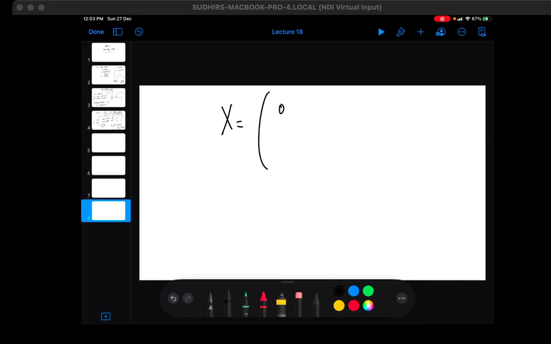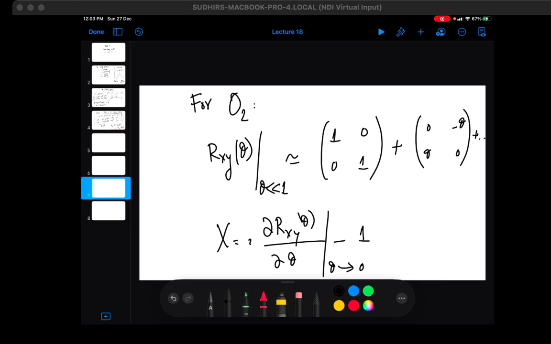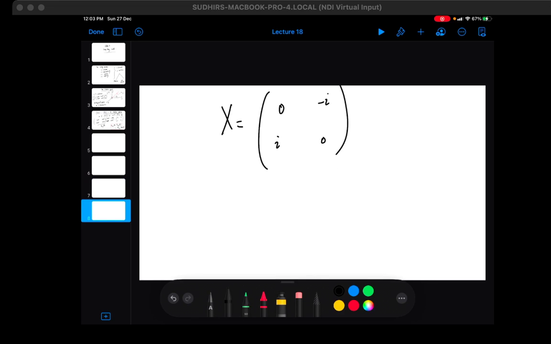The one generator you have would be 0, minus i, i, 0. If you want, you can put an i here. Sometimes you put minus 1, so that you can write R of theta x y is equal to e power i theta dot x. Just check whether I am writing the i factors correctly or not.